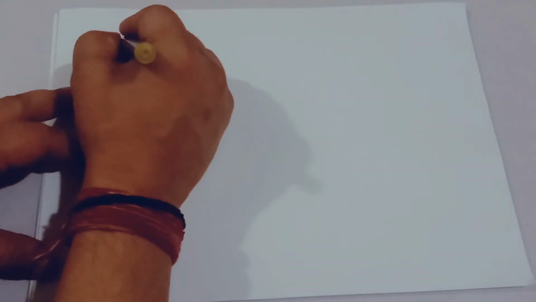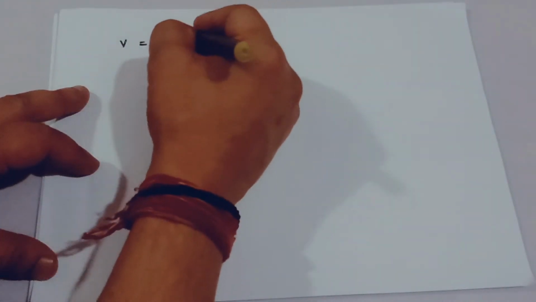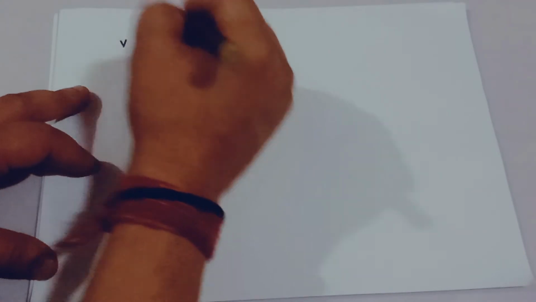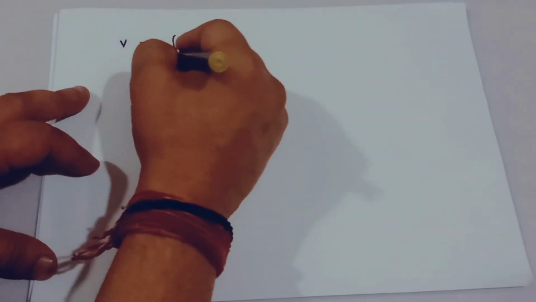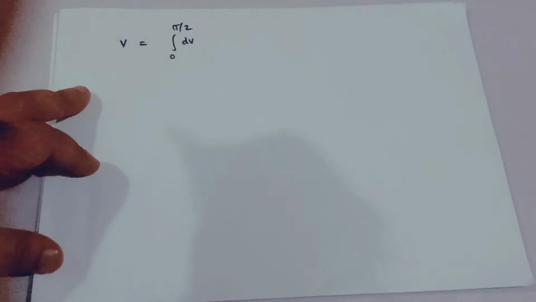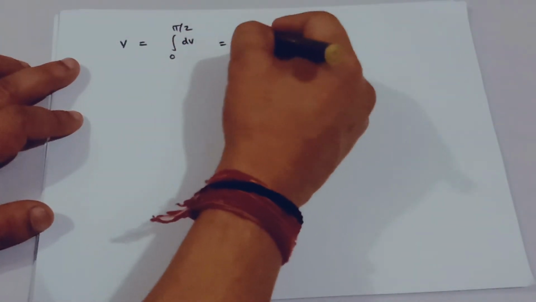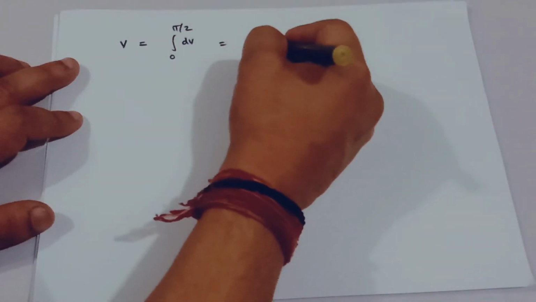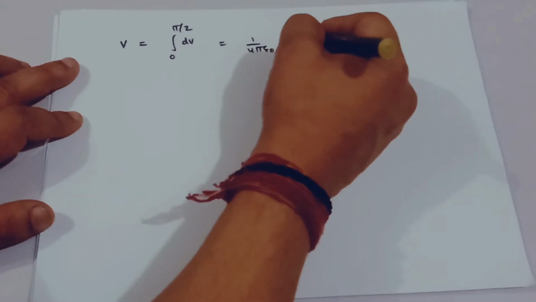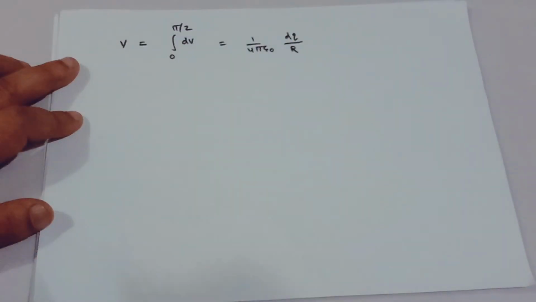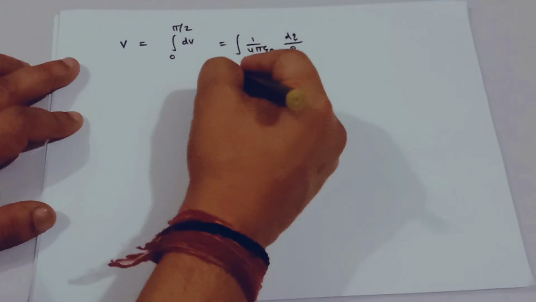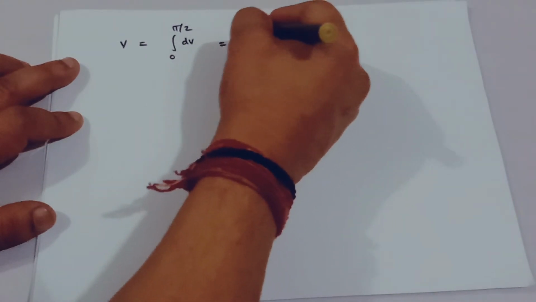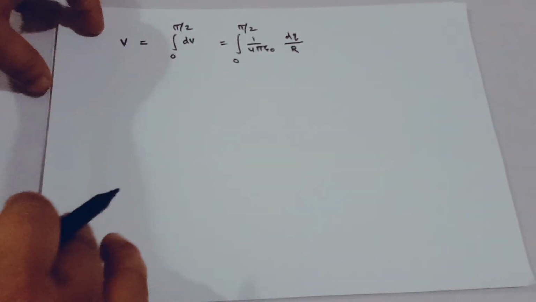We know that the electric potential V is nothing but the integral of dV, with the angle from 0 to this much, and the electric potential would be 1 by 4 pi epsilon naught, of course dq upon r. Then you have to integrate that from 0 to pi by 2. Let us now calculate what it should come to.